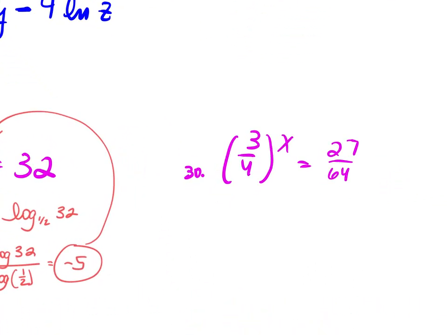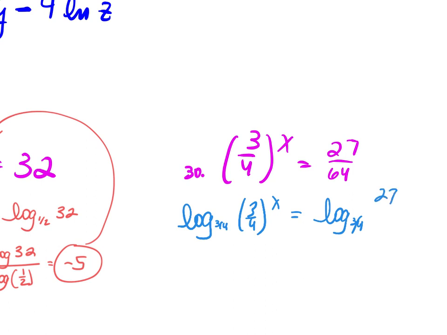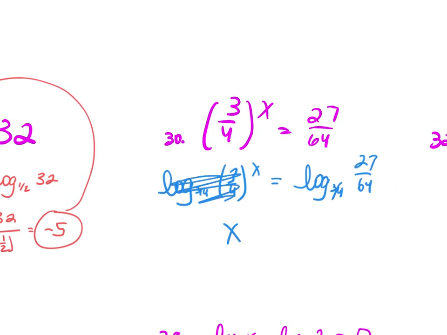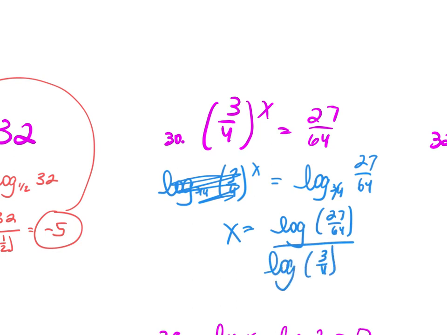Same kind of problem, all right? I'm going to say log my little 3/4, and then I have 3/4 to the x equals log little 3/4 of 27 over 64. Guys, fractions are no big deal. Cross these out, you get x equals. In your calculator, it's log of 27 divided by 64, divided by log of 3 over 4.